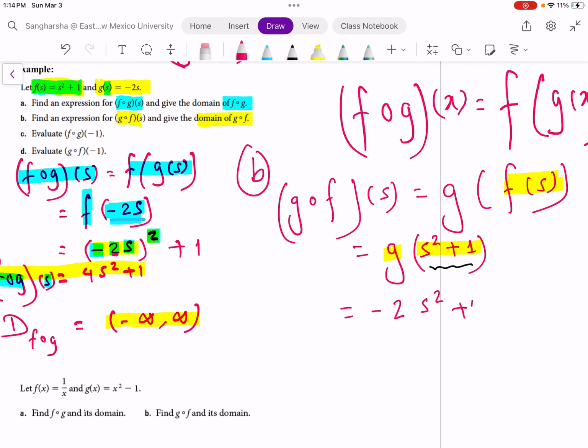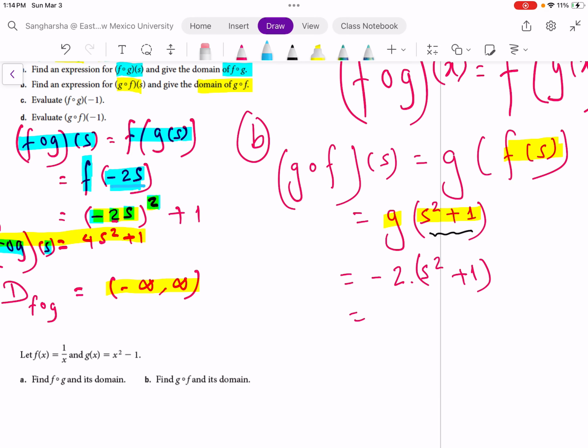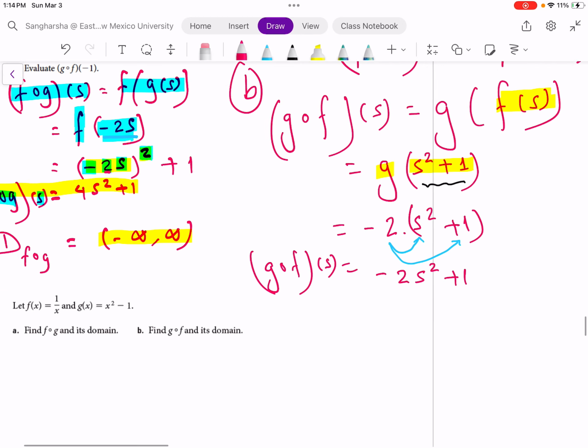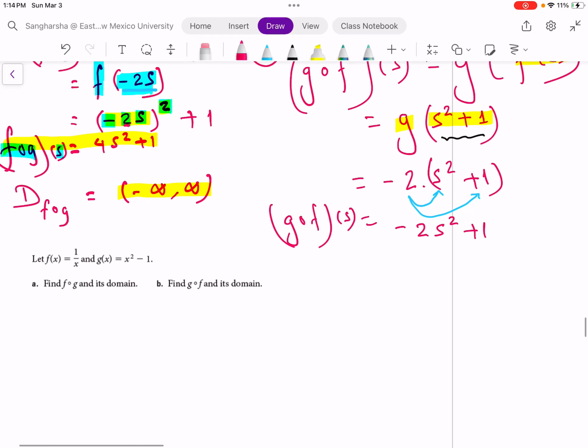In between negative 2 and s squared plus 1 we have a product, so we distribute negative 2 for s squared and negative 2 for 1. We get negative 2s squared minus 2, and this is our g composite f function. So this is the expression for g composite f.